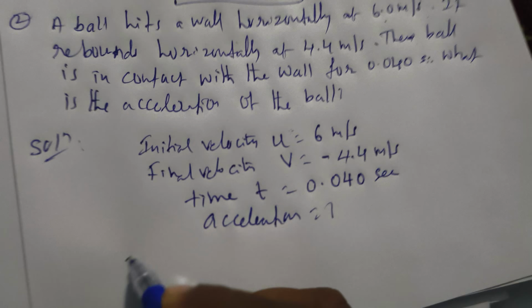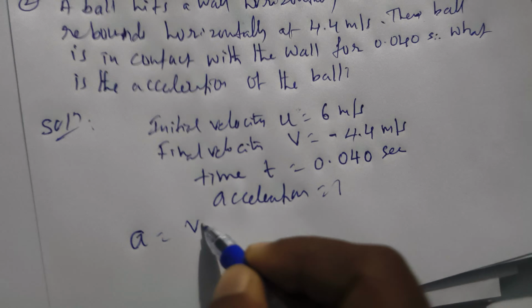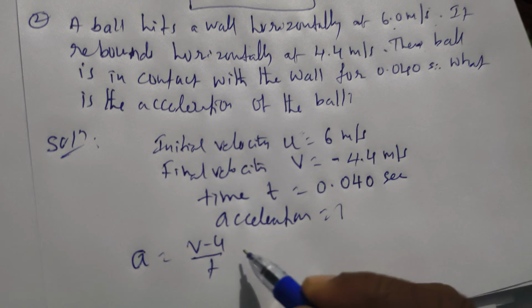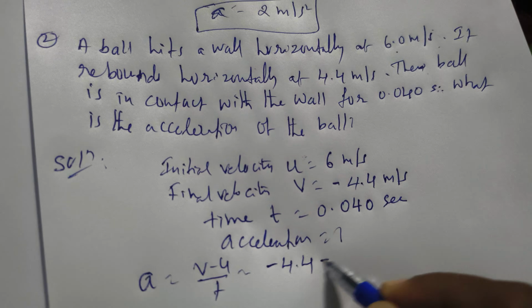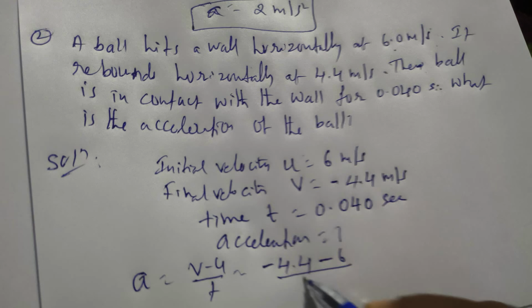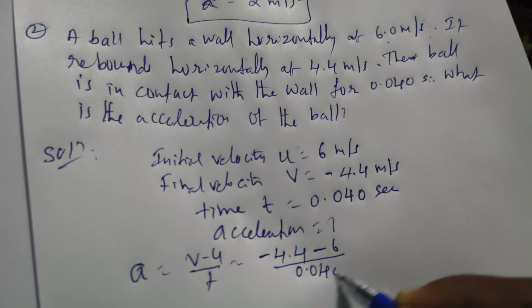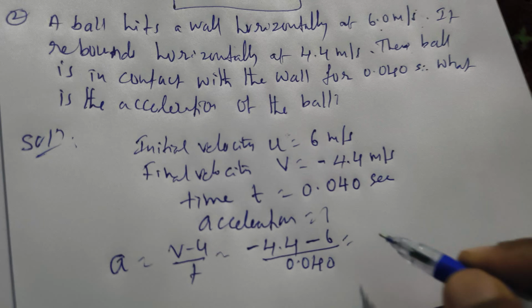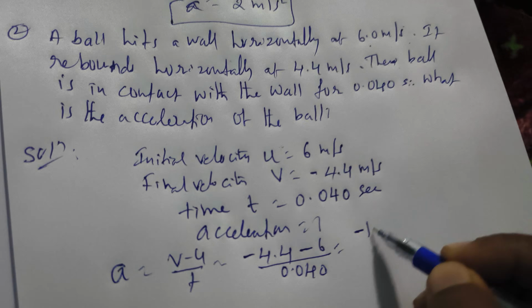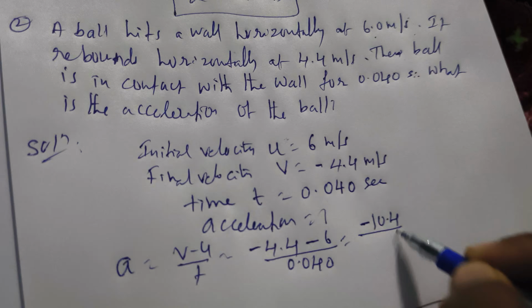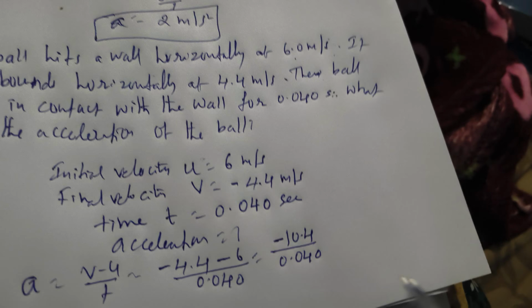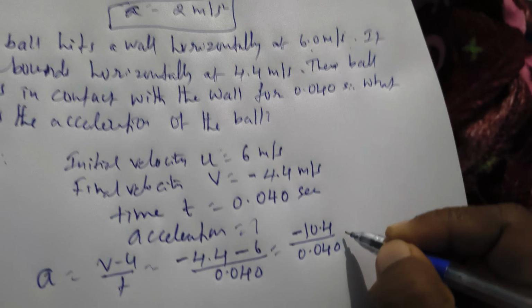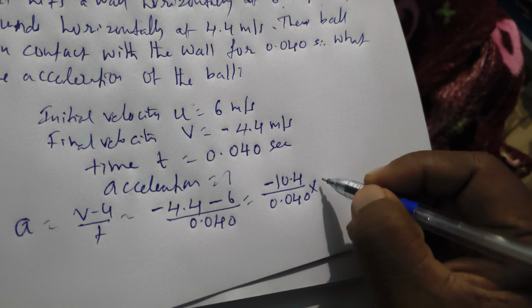We know the formula a equals v minus u by t. v value minus 4.4 minus 6 by time 0.040. So in total we get minus 10.4 by 0.040. To simplify, multiply and divide with 1000.